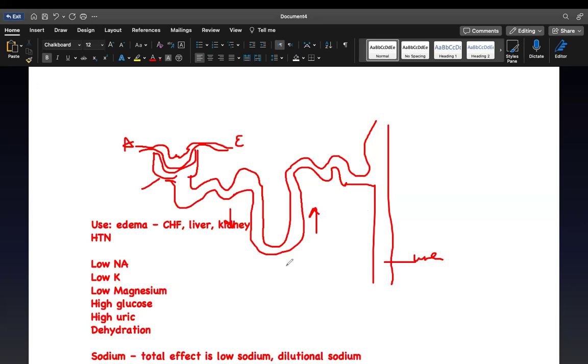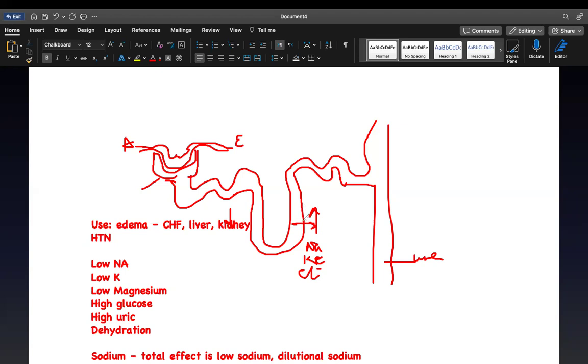So this is the urine coming through the Bowman's capsule and proximal convoluted tubule. Then it gets to the loop of Henle, descending, and when it gets to the ascending part, there is a channel we call the sodium-potassium-chloride channel. It's responsible for reabsorption of sodium, potassium, and chloride.